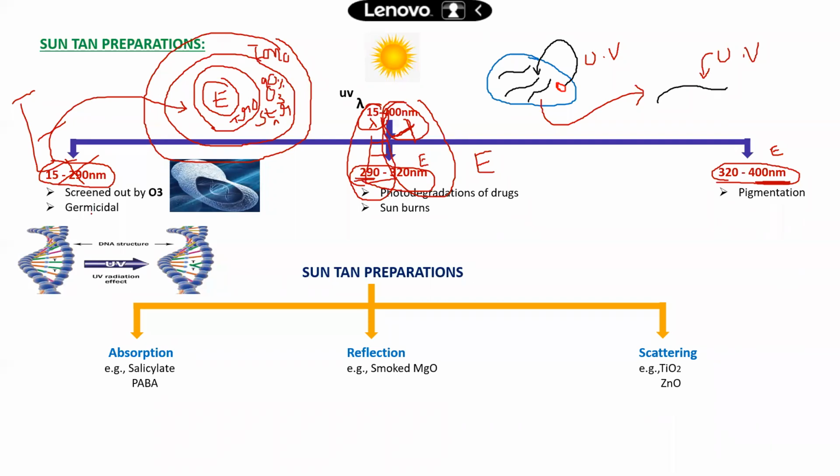No, friends. 260 to 270 nanometer UV radiations are germicidal.